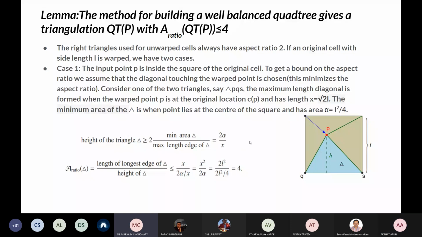So in the calculations below, we obtain the minimum possible height by dividing the minimum possible area by the maximum possible length of the edge, and we obtain the expression for the minimum possible height. And similarly, we calculate the maximum possible aspect ratio, and this comes out to be 4. Hence, our lemma is true.